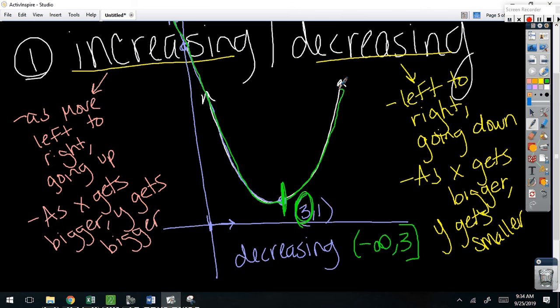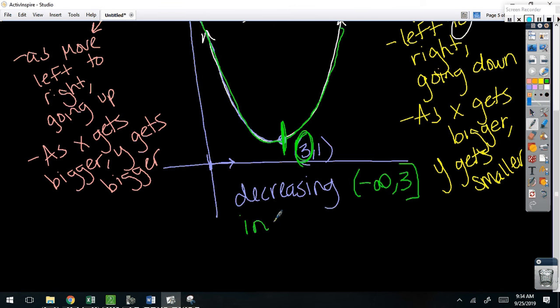So this function is increasing on the interval what? In terms of x, look at x. From 3 to infinity. Increasing, decreasing, left to right.